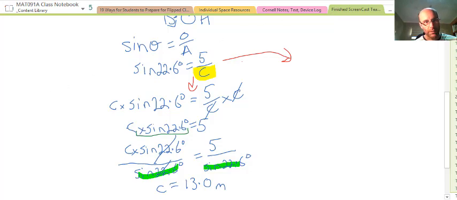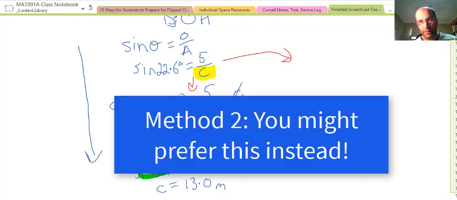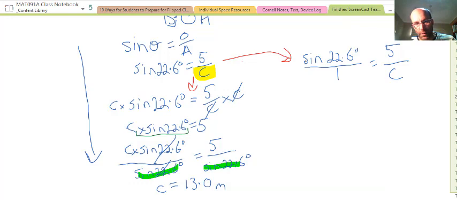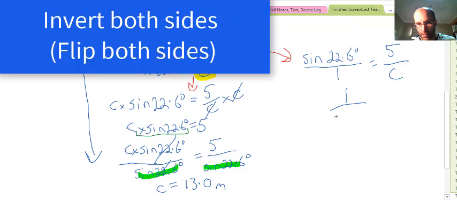The thing about this, of course, is that there were 2 steps as we went down there. That works, but here's something else that you might prefer instead. We rewrite the left side as sine 22.6 over 1, because anything over 1 remains the same, and the right hand side as before, and you can invert both sides, and that's fine, they're still equal to each other.